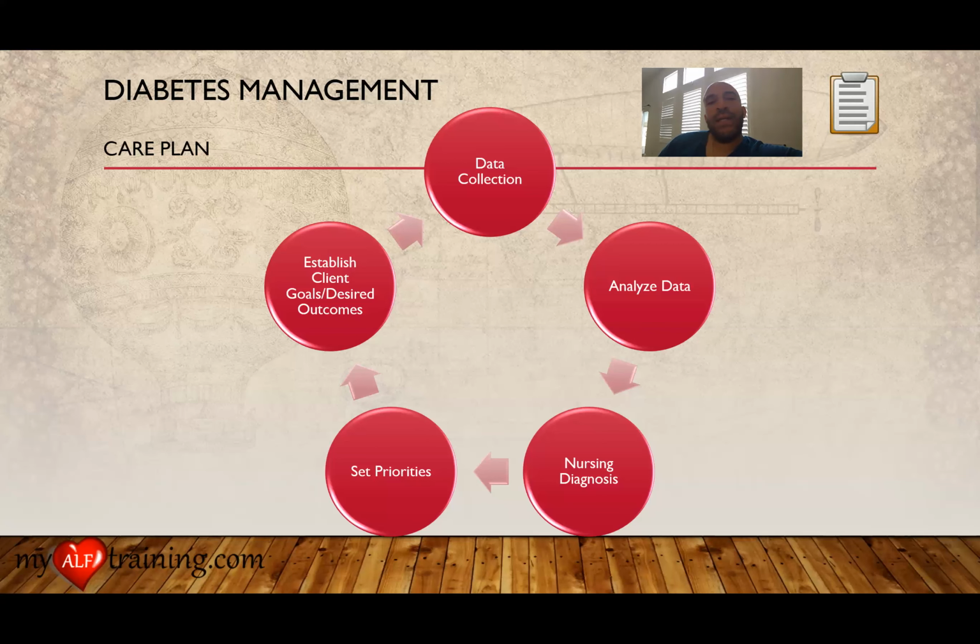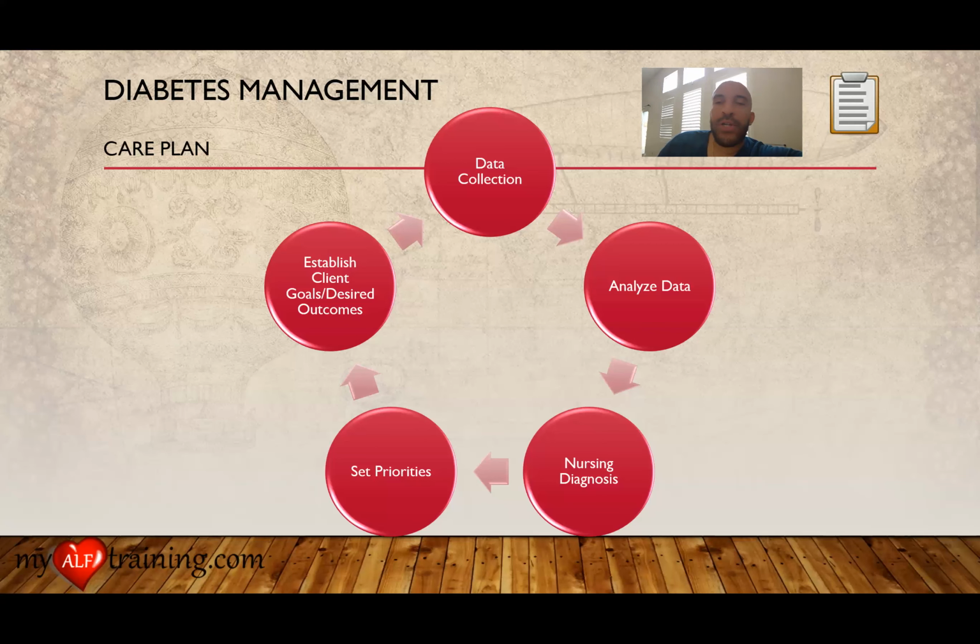So, from that data, what can we learn? Well, we learn about what the patient's eating habits are, what they're eating, how much they're eating, if they're exercising, what their blood sugar trends are on the current insulin regimen the doctor has them on. And we take that data and we analyze it.